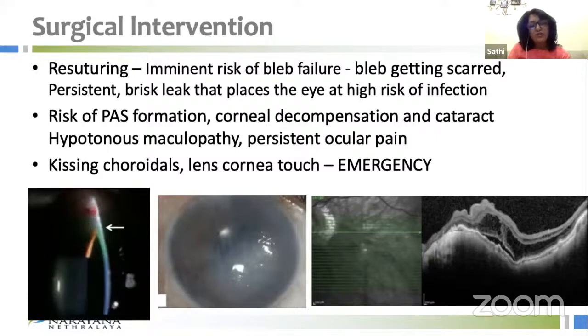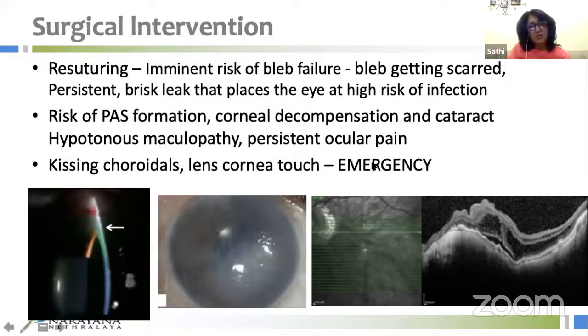Also, if the shallow chamber persists for very long, there is a risk of peripheral anterior synechia, PAS, formation. Sometimes, later when the patient undergoes cataract surgery, the cornea could decompensate, hypotonous maculopathy can happen, and persistent ocular pain, all this would be indications for surgical intervention.